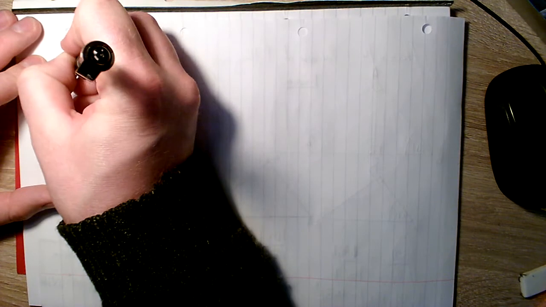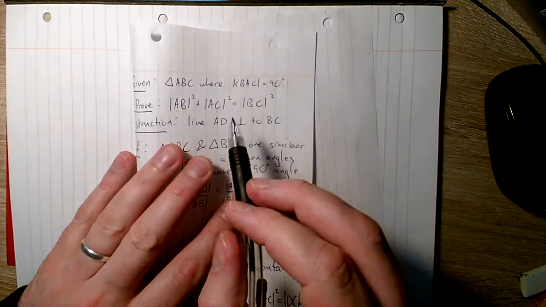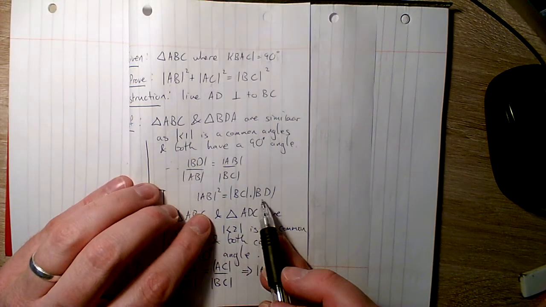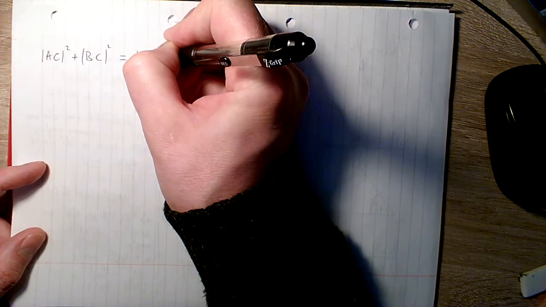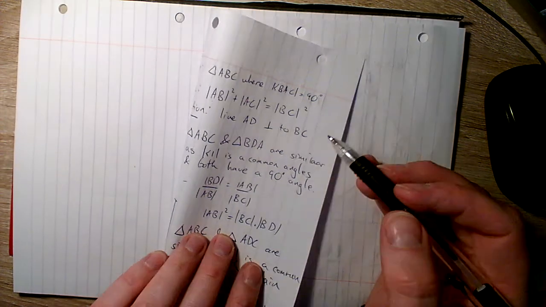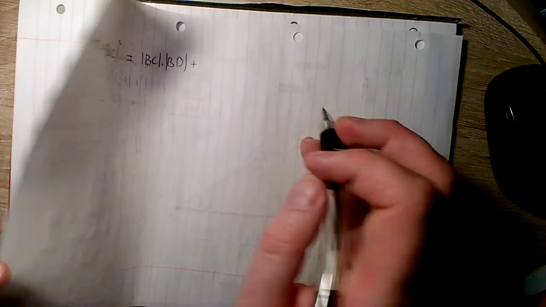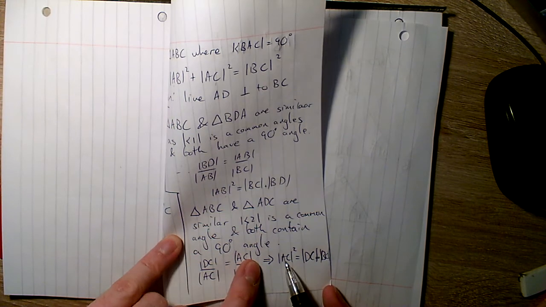We said AB squared plus AC squared, very sorry about that, equals: AB squared gives BC times BD, and AC squared gives DC times BC.